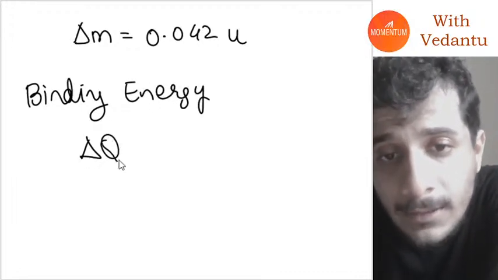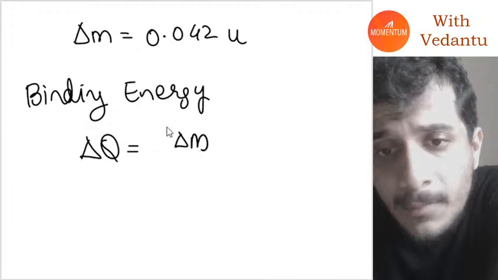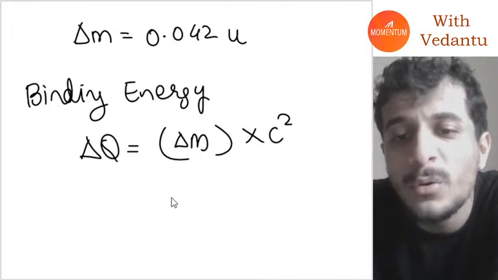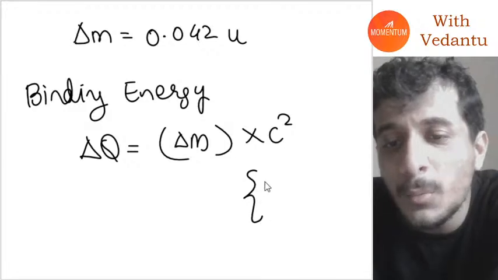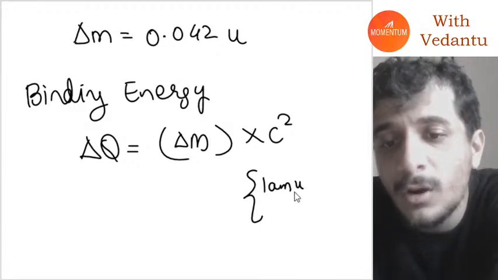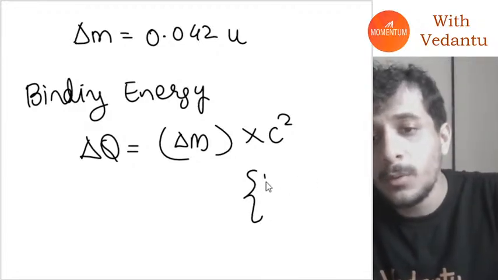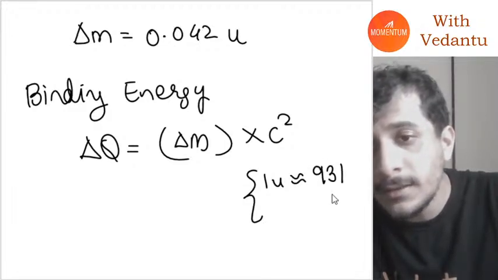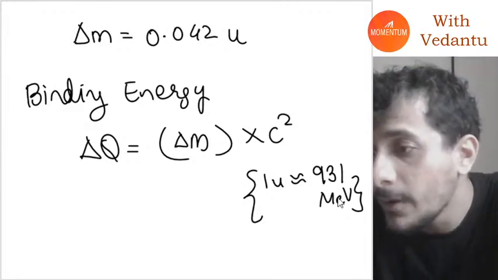Binding energy delta Q can be just written as the mass defect into C square. Now you have to remember that one atomic mass unit, or one u, is equivalent to 931 mega electron volts.